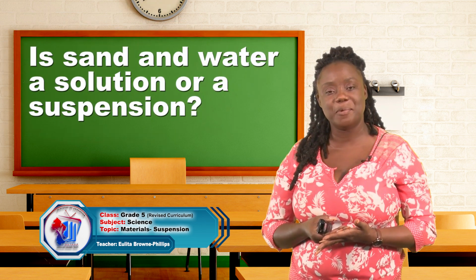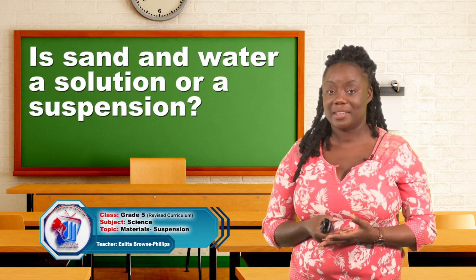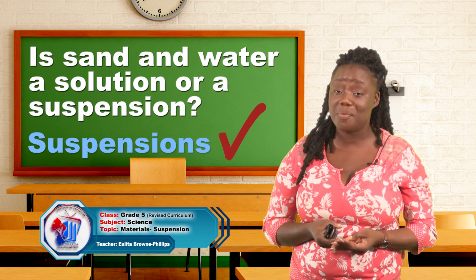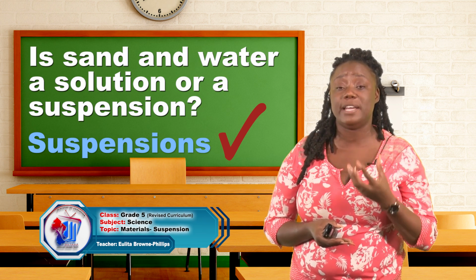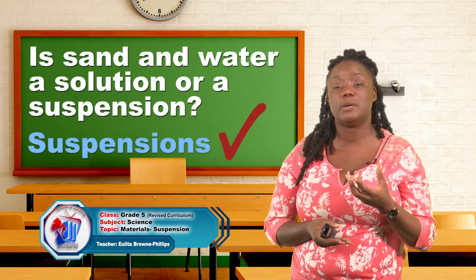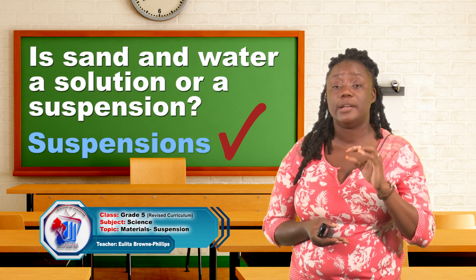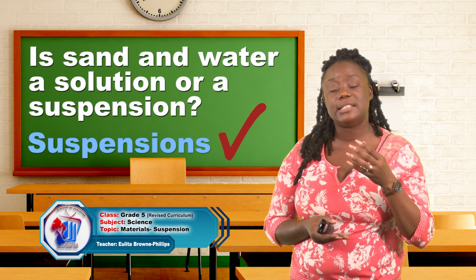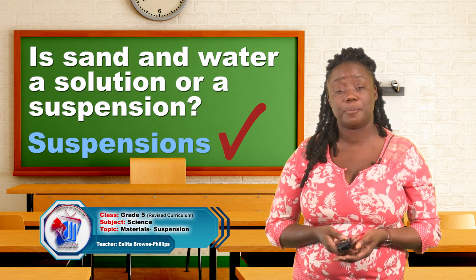Is sand and water a solution or a suspension? Did you say suspension? You are correct. Sand and water would result in a suspension because the sand will settle at the bottom of the container, and in a suspension, the solid particles are not dissolved evenly in the mixture.